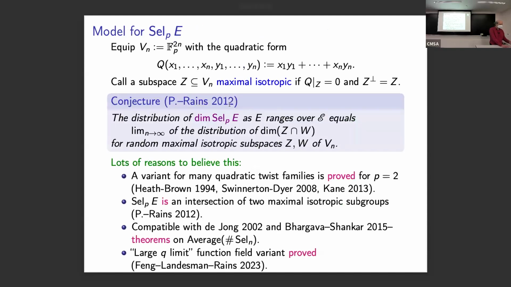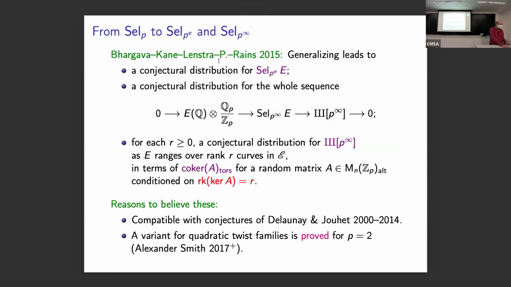Eric Rains and I joined with a bunch of other people, Mordell Bogova, Daniel Kane, and Hendrik Lenstra, and together we found some sort of linear algebra probabilistic construction that we conjecture should model all these Selmer groups.